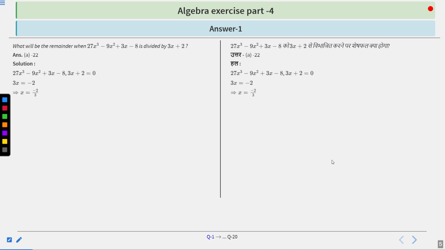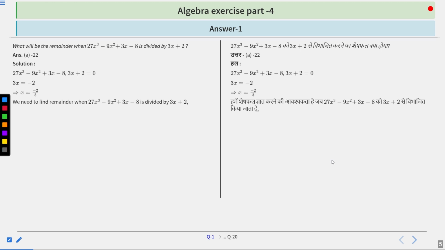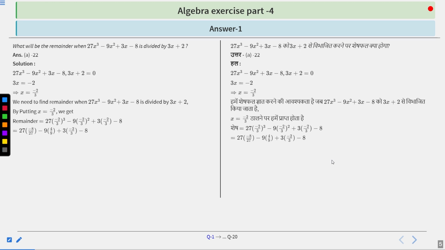Now if we put this value of x, that is minus 2 upon 3, in the equation, we are going to get 27 into minus 2 upon 3 whole cube minus 9 into minus 2 upon 3 whole square plus 3 into minus 2 upon 3 minus 8. That is our remainder.